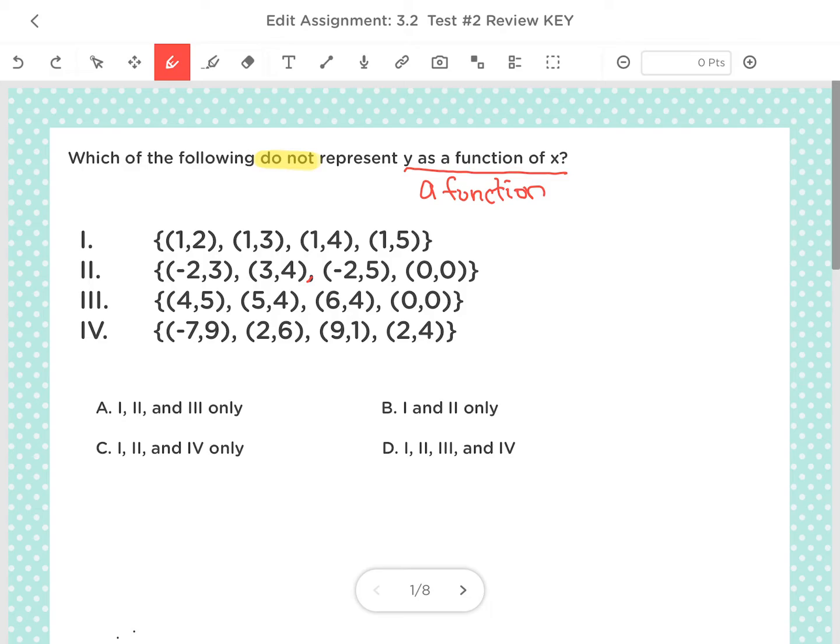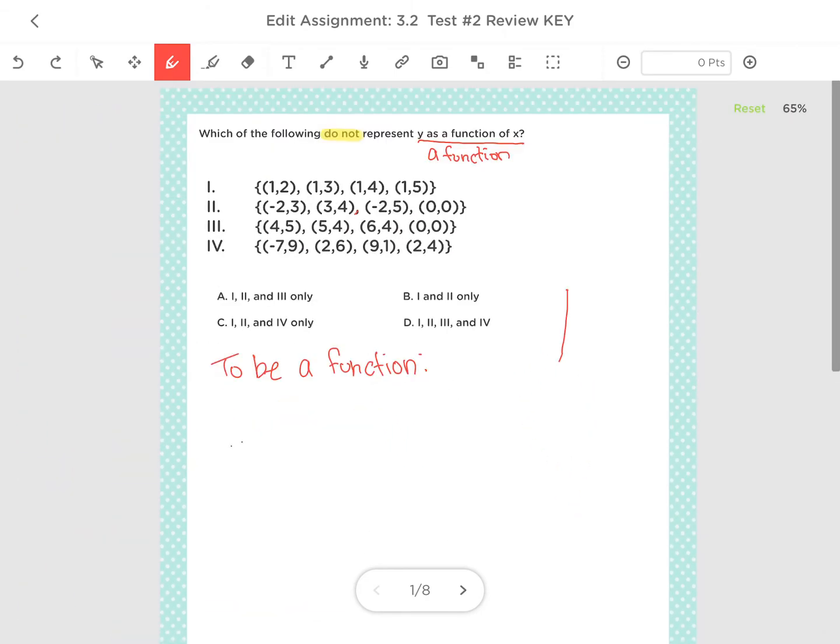Okay, remember, to be a function, our x values cannot repeat. That says nothing about the y values. Only the x values can't repeat.